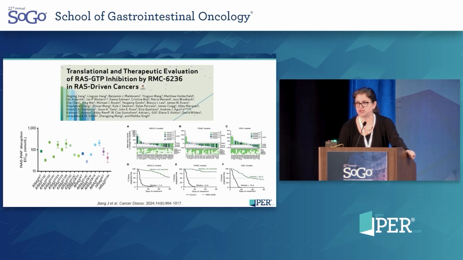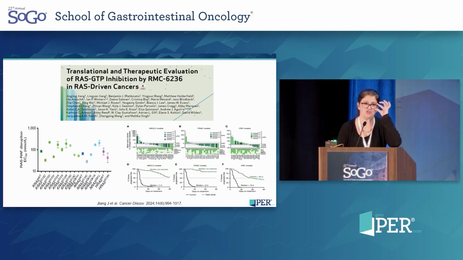Now, the Revolution Medicines group had been obviously the pioneer in discovering the pan-RAS, the molecular glue, the tri-complex molecular glues of G12D and pan-RAS inhibitors. And these are preclinical data showing that the pan-RAS inhibitor RMC-6236, also called daraxonrasib, really affects all of the types of KRAS: G12s, G13s, Q61, NRAS, and HRAS.